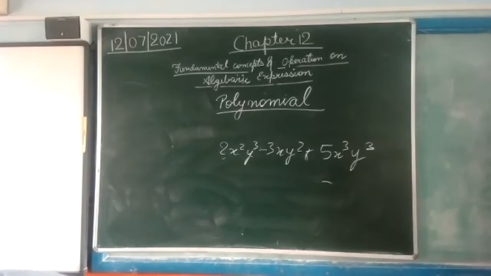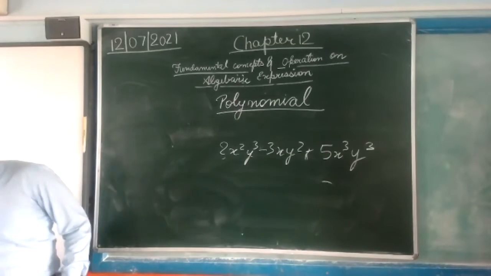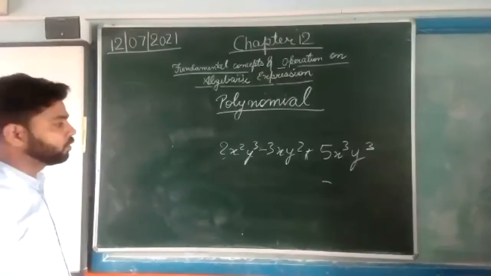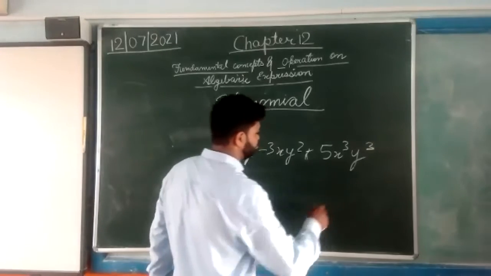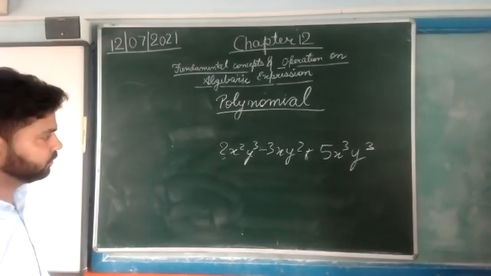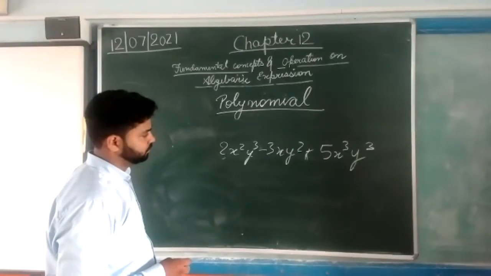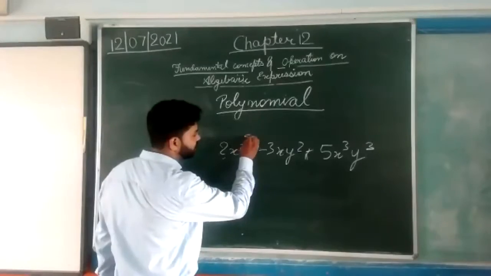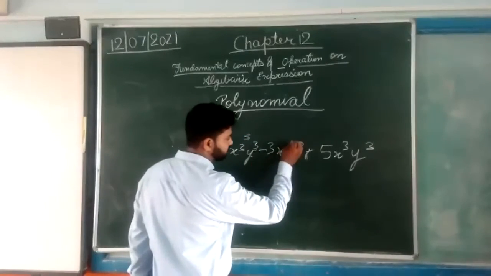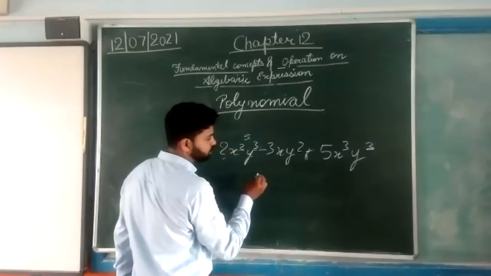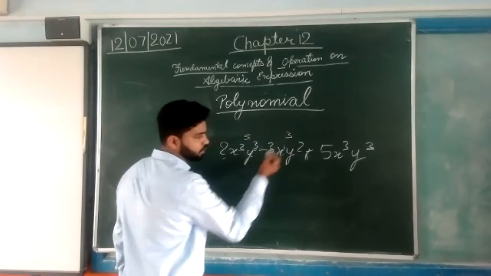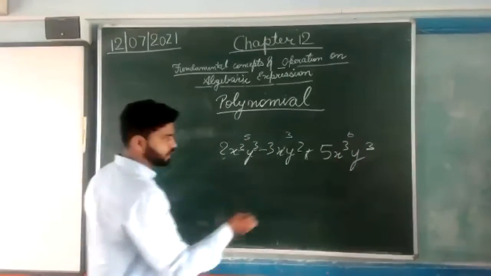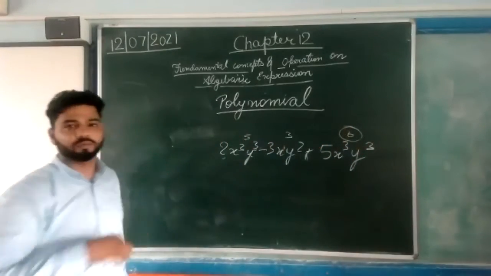Good morning, sir. Sir, 6 will be there. How will 6 be there? Sir, because one is having a power of 2, one is having a power of 3, so 5 will be there. Its power is 5. Its power is 3. But here the power is 6. Okay. So we will take the maximum value. So it is a 6 power.